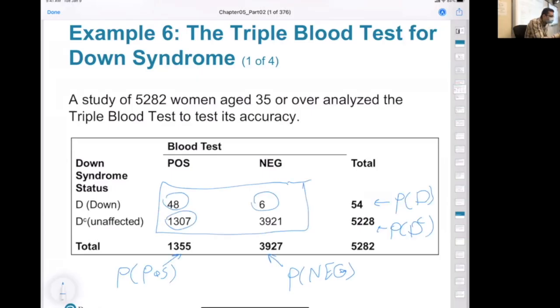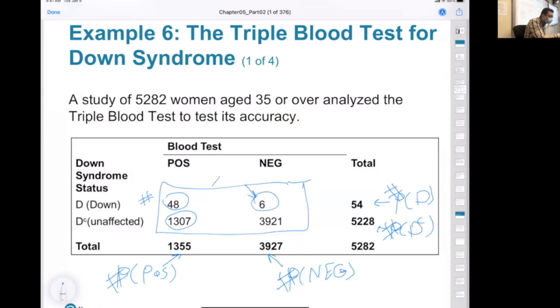Okay. Oh, I said probability. I'm sorry. This is the number, and here the number. This is the number of women who have a positive blood test and they have Down syndrome. This is 6 here.